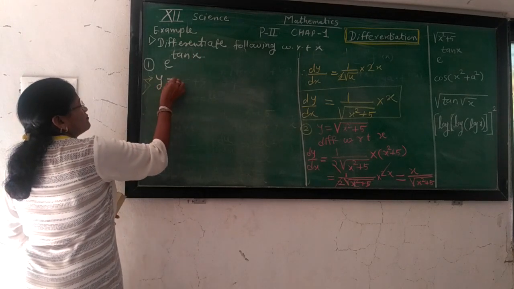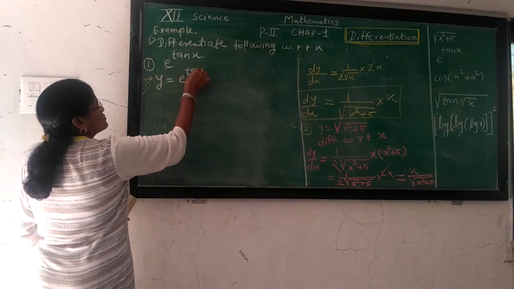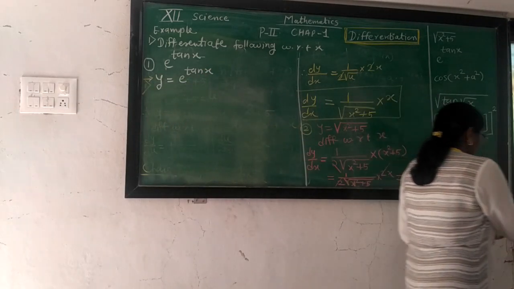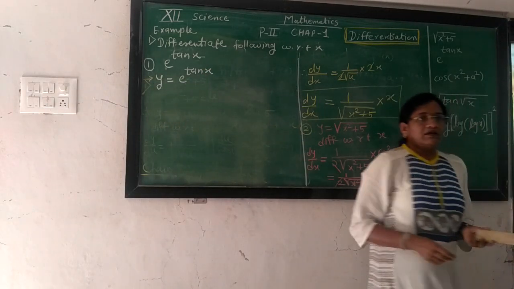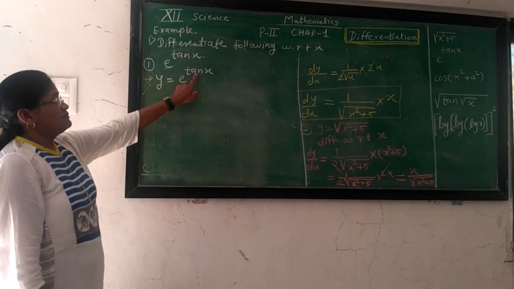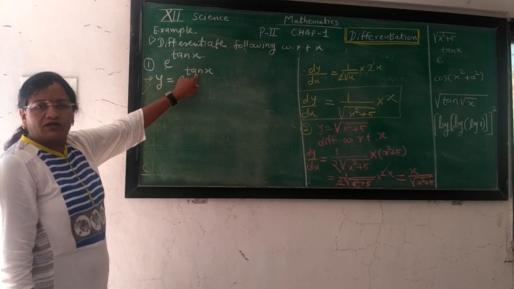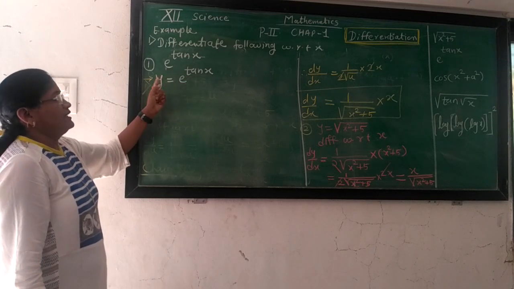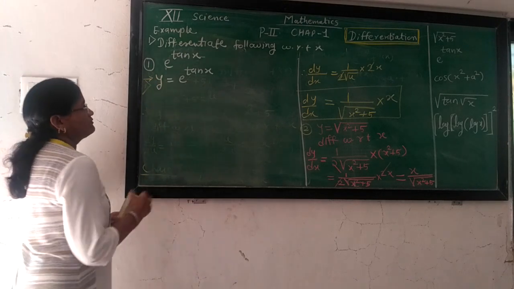Now take y is equal to e raised to tan x. Now for the first method, we take the replacement of tan x by u. Instead of u, you may take another variable v, p, q, but take the differentiation rule for the corresponding variable.